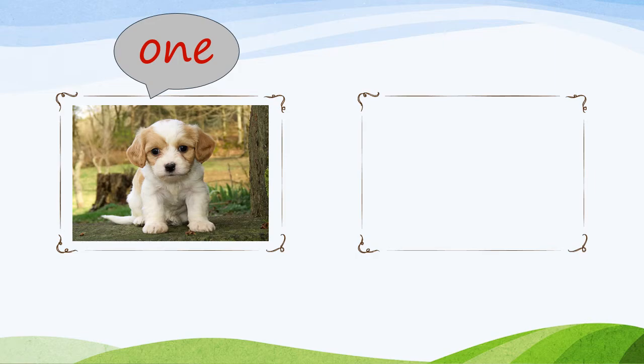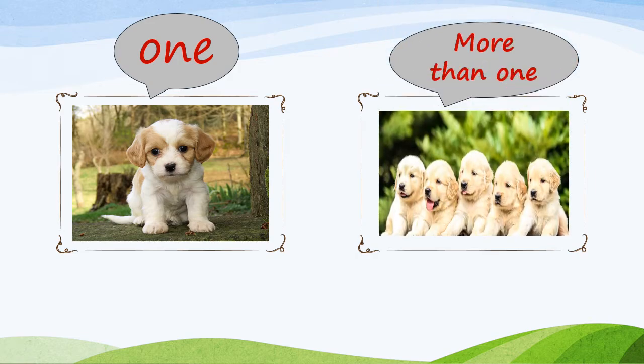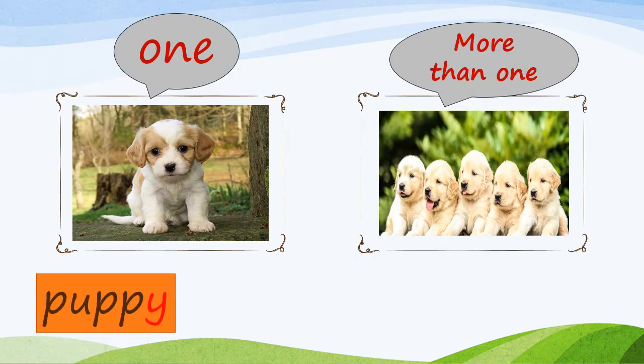One, puppy. Can you see this picture? Yes, this is one. Now this is more than one. Now can you see the word puppy here? Yes, puppy, and it ends with Y and the letter before Y is P, which is a consonant.